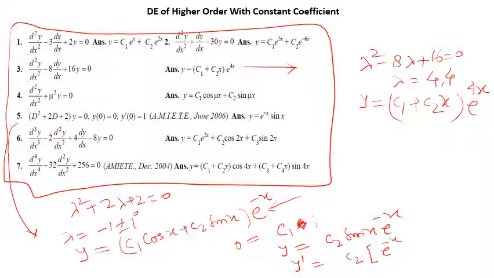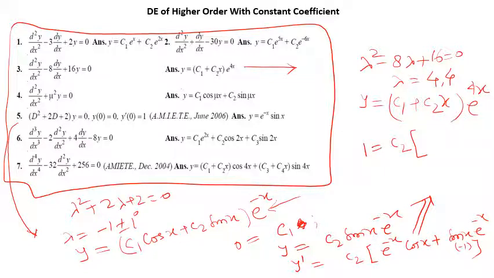e to the power minus x cos x plus sin x e to the power minus x multiplied by minus 1, right? This is y dash. Y dash is equal to 1 at x equal to 0. In this equation, put 1 is equal to c2.